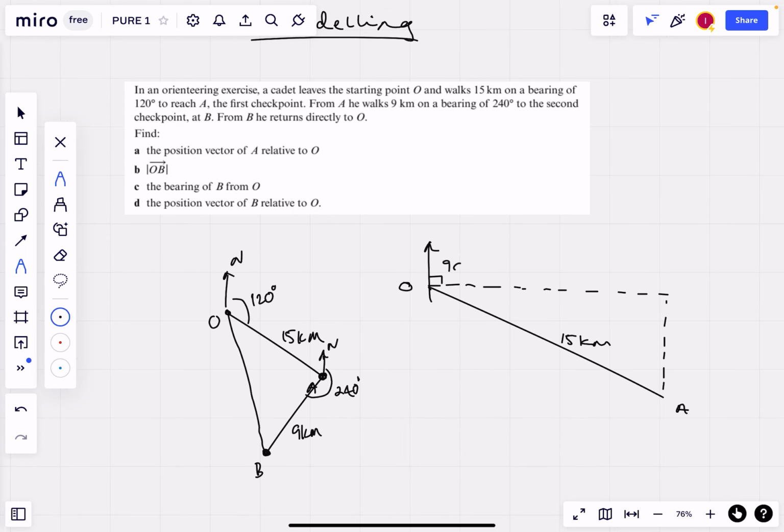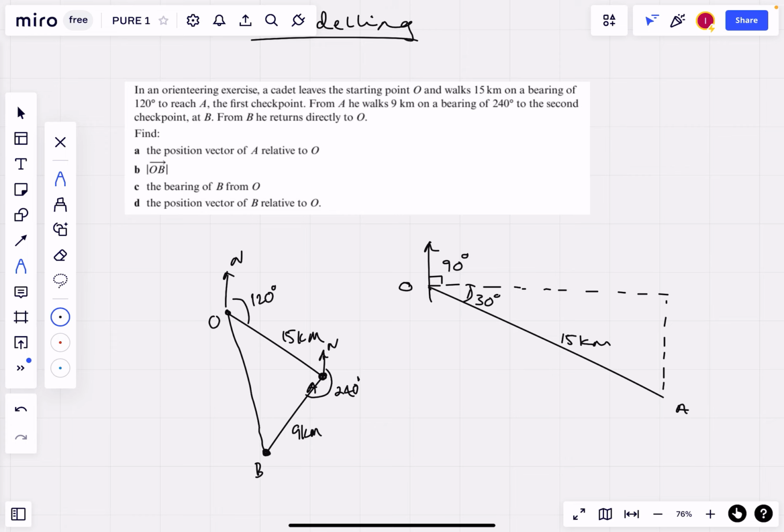This is therefore 90 degrees and this is 30 degrees. Now I'm going to resolve horizontally and resolve vertically. There are two components, a horizontal and a vertical component, to this vector O to A.